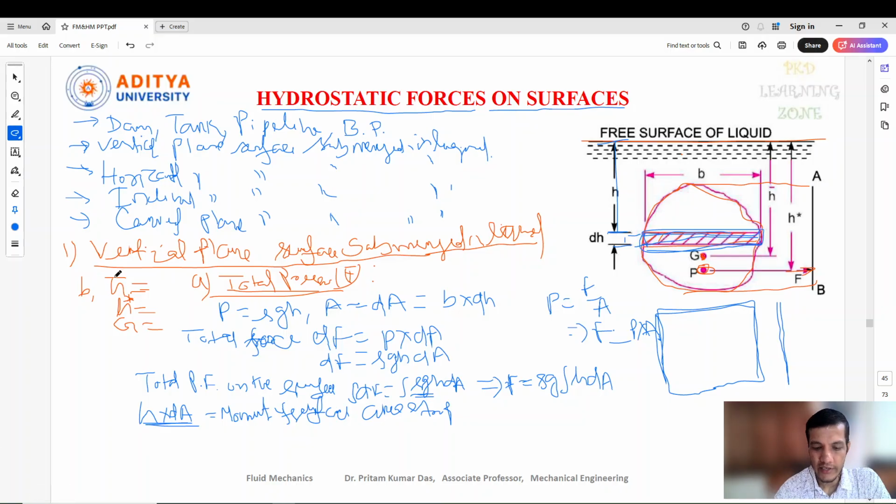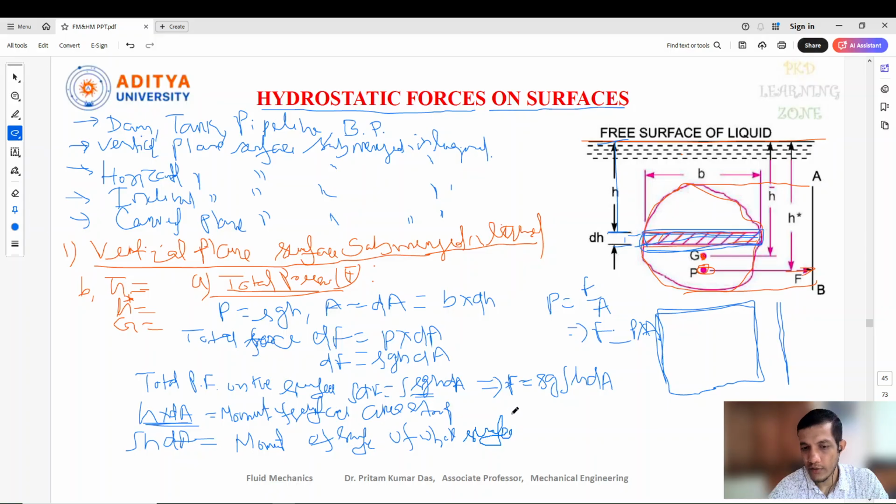Similarly, the integration of h dA is called the moment of the whole surface area, the total surface of this object.